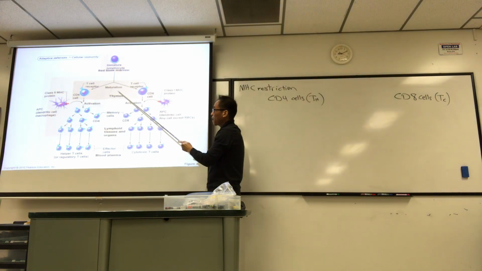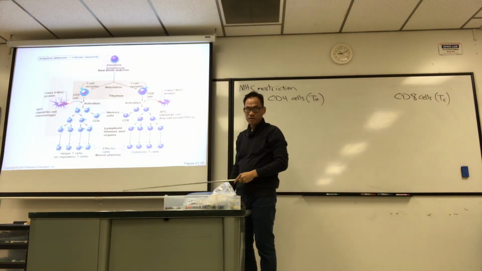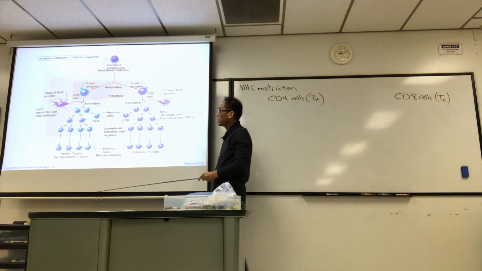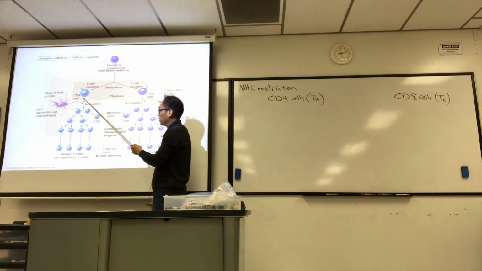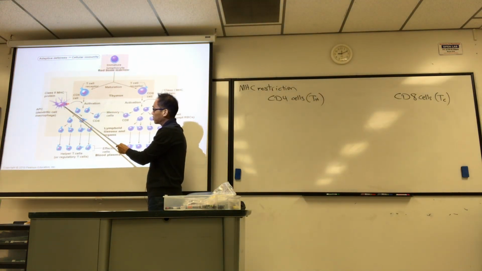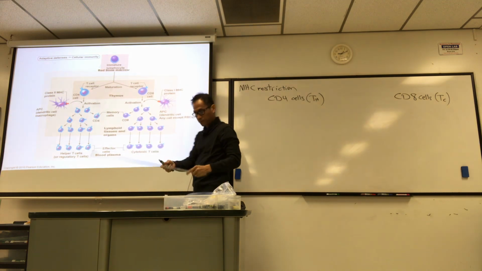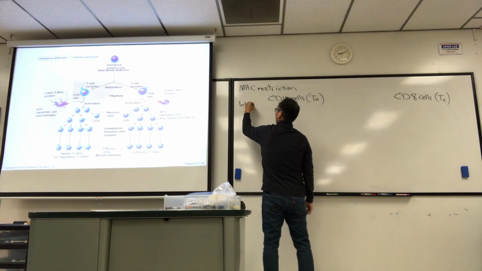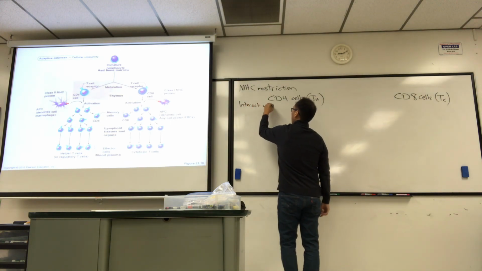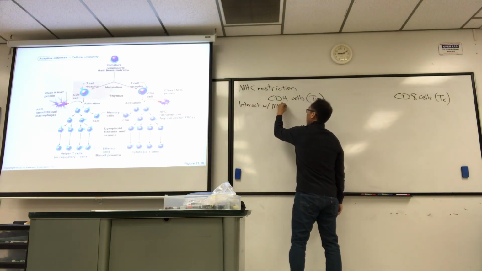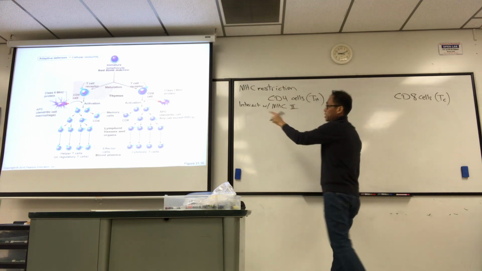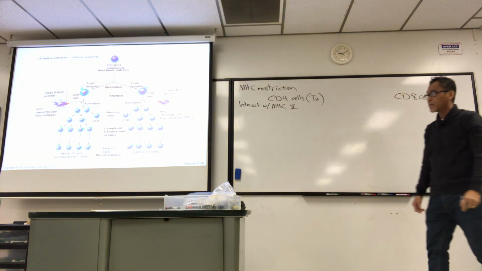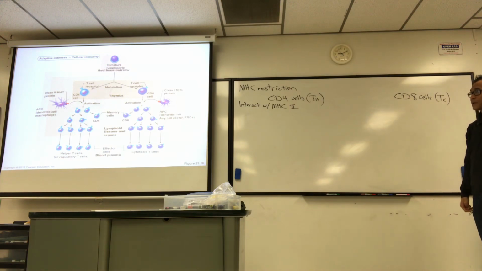From there, they go to the thymus. That's where you have the 2 rounds of selection, right, the immunocompetent ones. And the CD4 cells, after they leave the thymus, are restricted to interact with cells that present MHC class 2. CD8 cells are restricted to interact with cells that present MHC class 1.